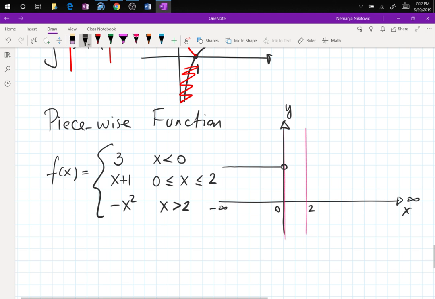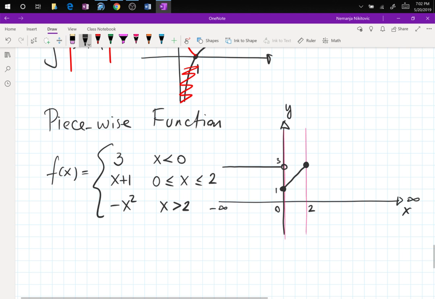In the middle partition, between 0 and 2, I draw the x plus 1 linear line, using filled-in circles at the 45-degree angle. When you plug in 0, you start at 1. When you plug in 2, you end up at 3. And then you connect with a straight line.